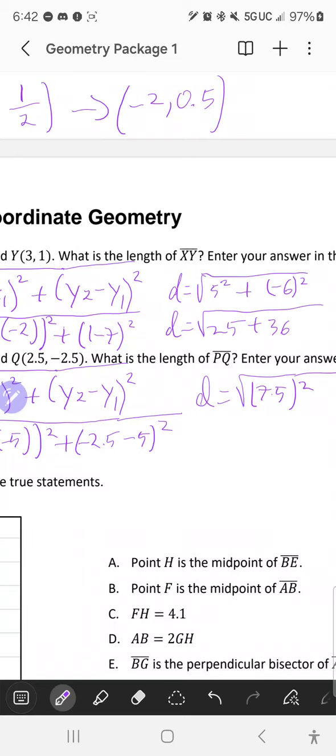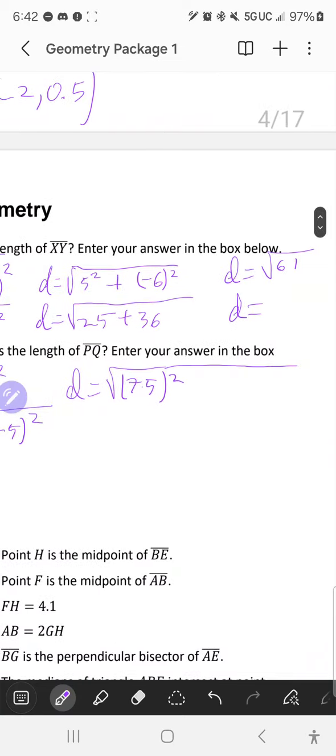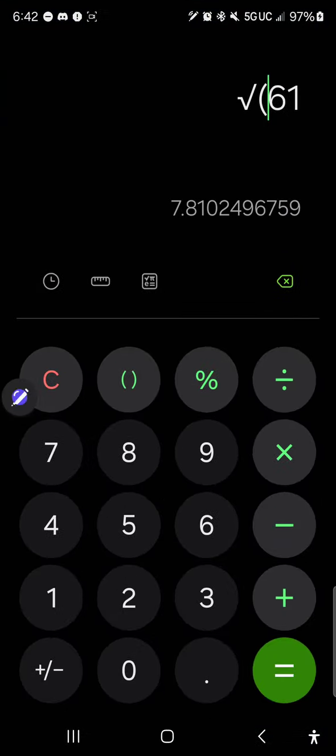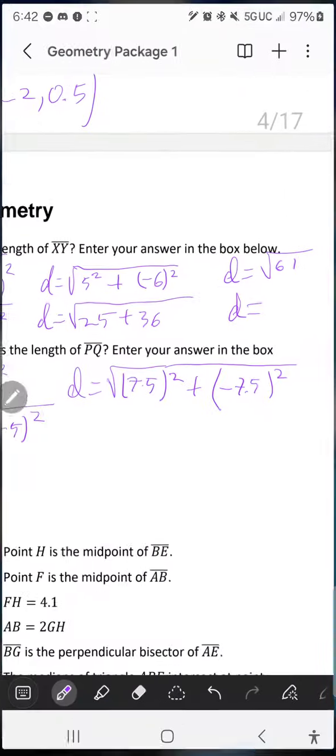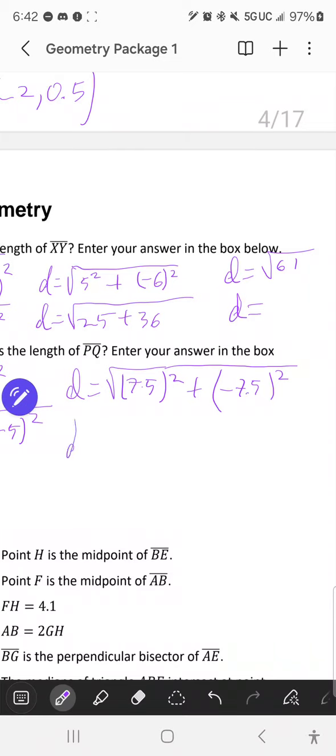They have the same sign, so we just add them together and keep the sign. This is equal to negative 7.5 squared. So I'm just going to calculate 7.5 times 7.5 on my calculator, and I got 56.25.